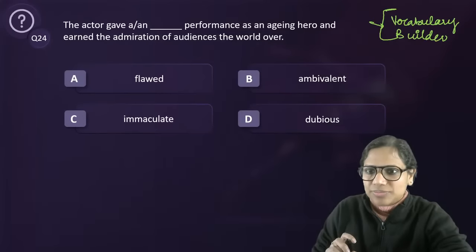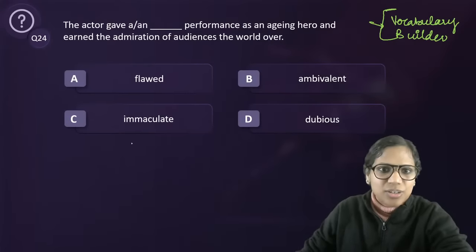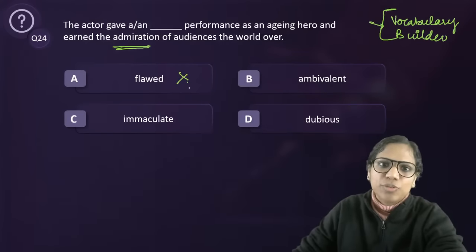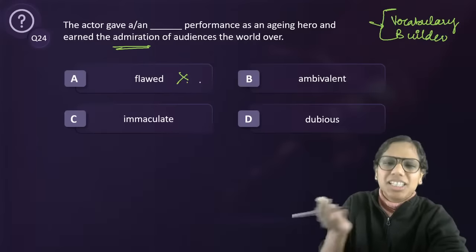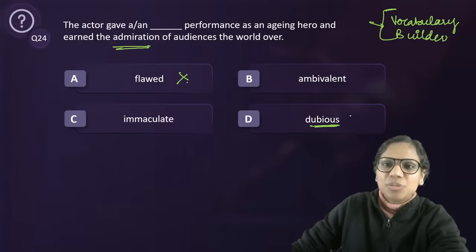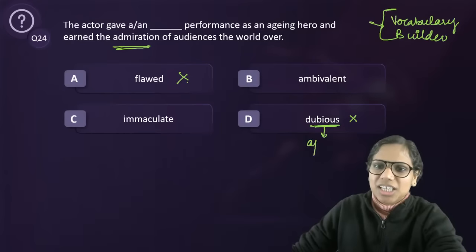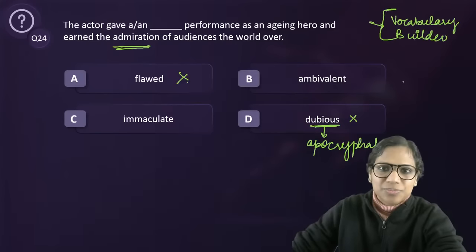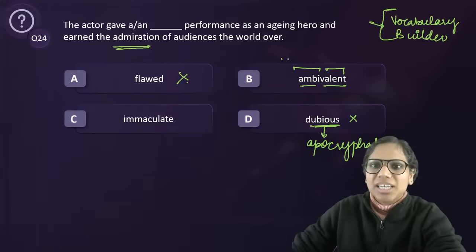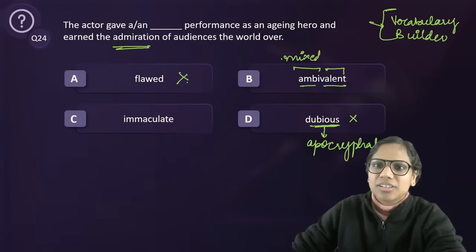24. Okay. So of course this person is earning admiration, so his performance cannot be flawed in an ideal world. It cannot be of doubtful authenticity. It can't be dubious. Remember, we did this in another session, and I told you apocryphal is a synonym. Ambivalent: when you are ambivalent about something, you've mixed feelings about it. Ambi means both.